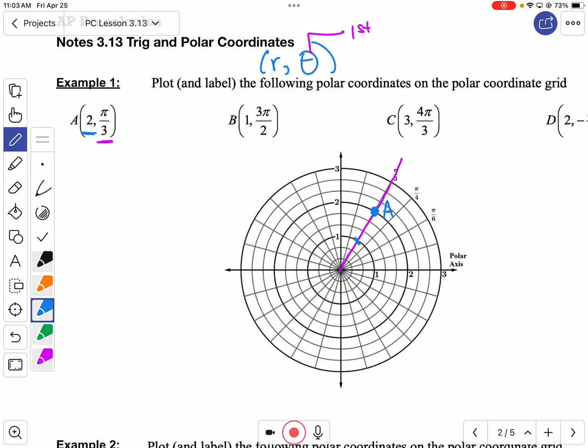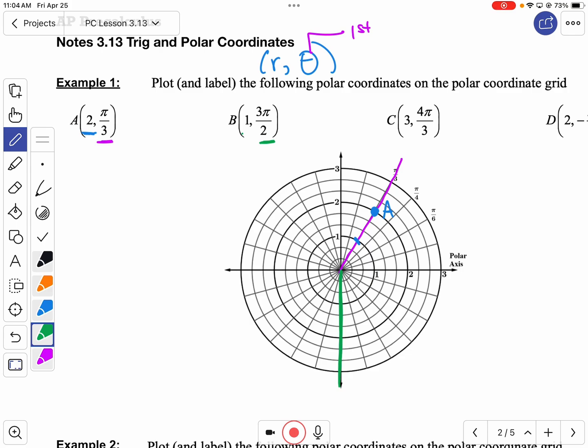So we do the angle, and then we do the radius. Let's look at the next one. Point B, 3 pi over 2, and then 1. I'm going to start over here on my polar axis, go around to 3 pi over 2. That would be this whole downward thing right here.